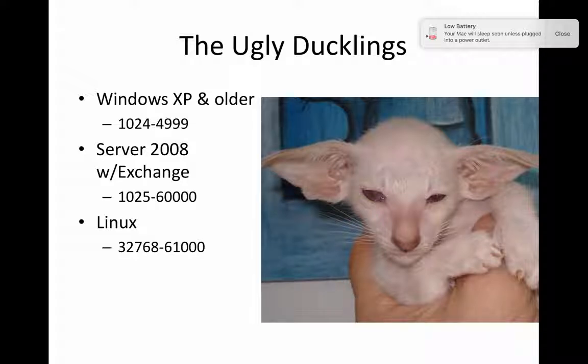If you have old computers, Windows XP is hard-coded to use 1024 through 4999 as their ephemeral ports. That's what the operating system is built to do. If you run Server 2008 and install Microsoft Exchange, it's going to be that. Linux uses this. Is there a standard out there for what ephemeral ports should be?